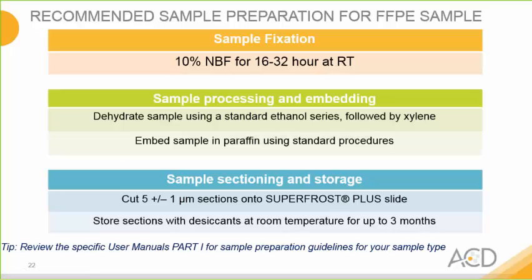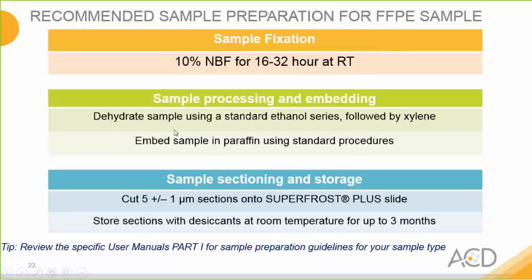Okay, so as I mentioned, the first step of the RNAscope assay is the sample preparation. Shown here is an example of FFPE samples. These are formalin fixed and paraffin embedded. The fixation and storage conditions are to fix samples in 10% NBF for 16 to 32 hours at room temperature.